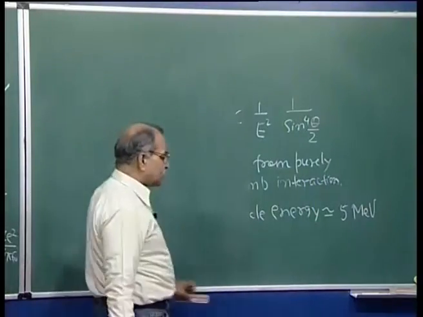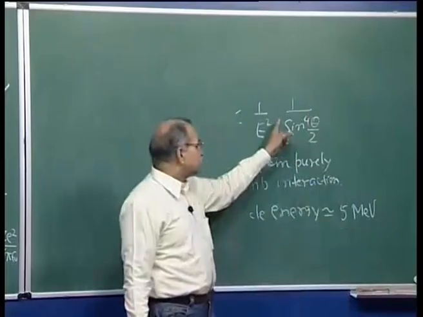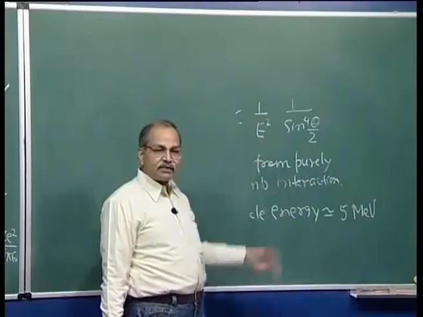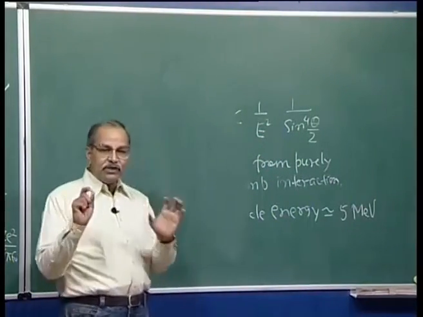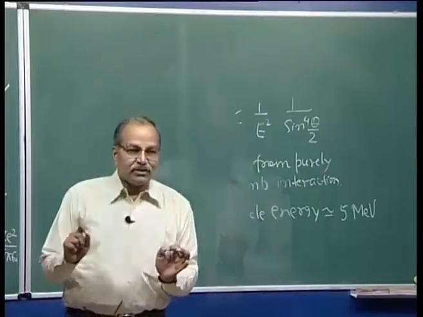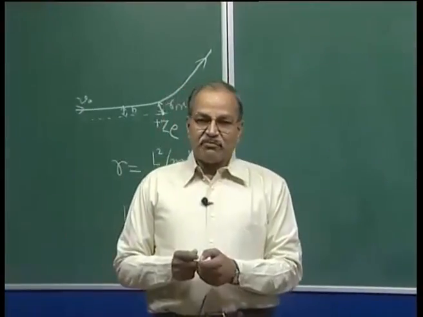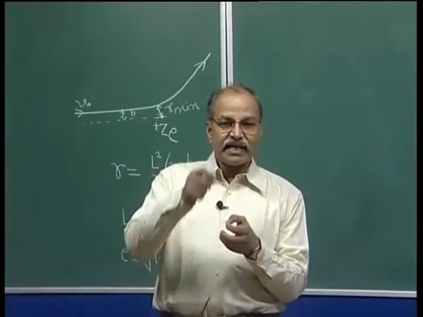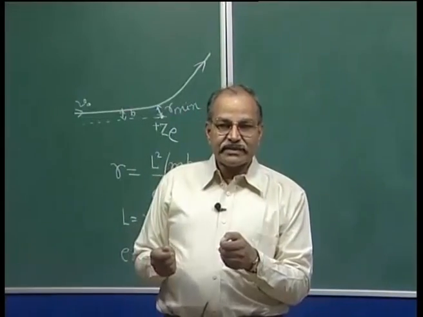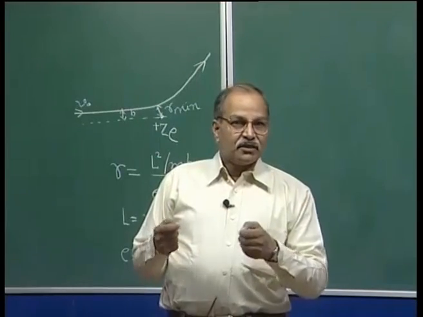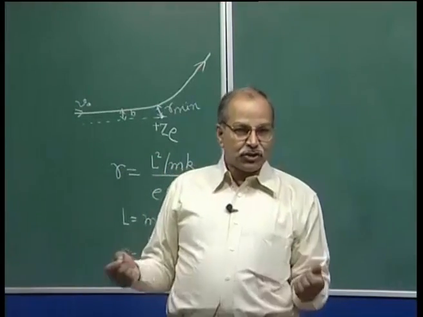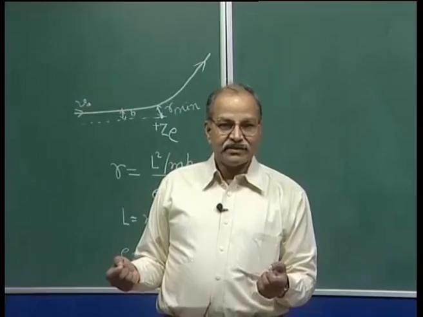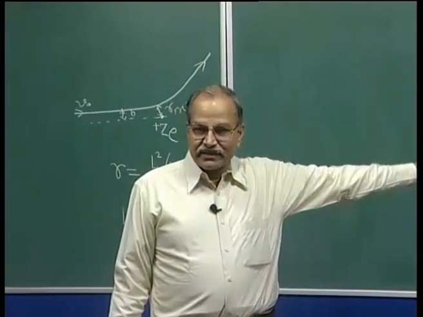nuclear force becomes effective. This formula, our Rutherford backscattering formula, is derived using only the Coulomb interaction. So, if the distance between the alpha particle and this positively charged nucleus which is scattering it is much more than the nuclear range, nuclear radius, then this formula will be correct.